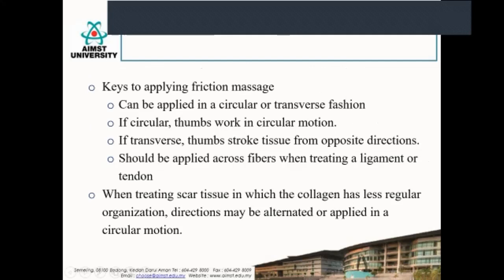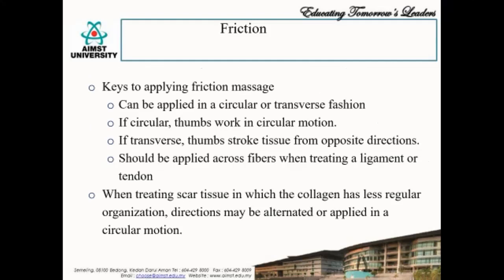You have to give friction only at the later stage, when you need to align the scar tissue. This will help you to reduce scar tissue formation and avoid it totally. Is that clear?